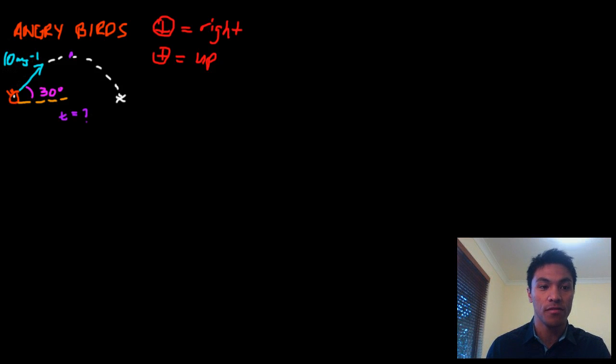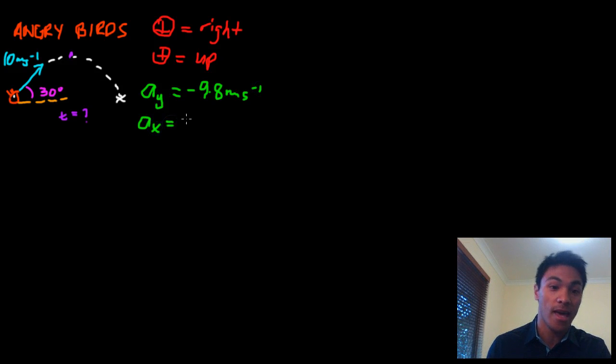First off, let's get a couple of different intuitive things. We know that the acceleration in the y direction, being the vertical direction, the acceleration due to gravity, will be negative 9.8 meters per second squared. We know that there is going to be no acceleration in the x direction.